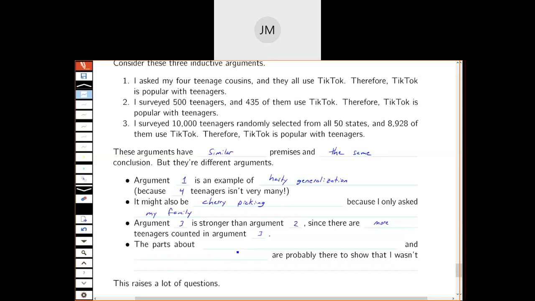Okay, and then there's this whole bit about picking from all 50 states and randomly selecting them. Okay, so the parts about the randomly selected teenagers, and about picking from all 50 states, are probably there to show that I wasn't cherry picking.